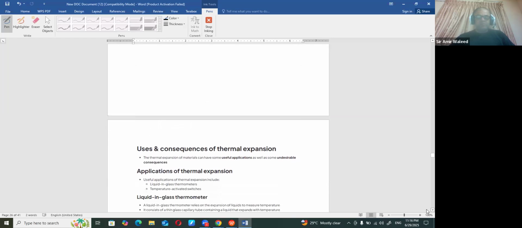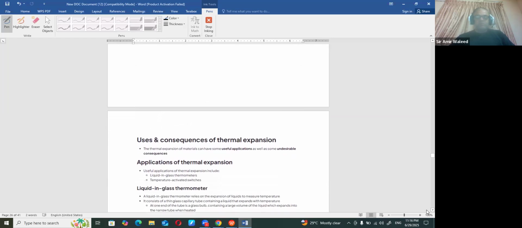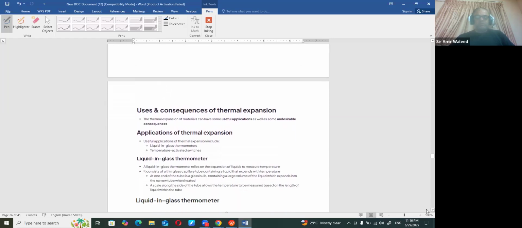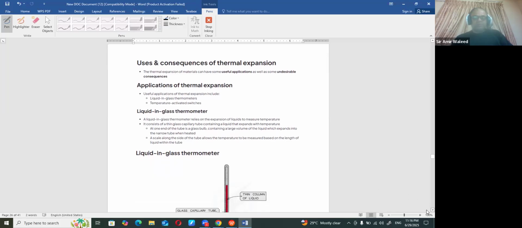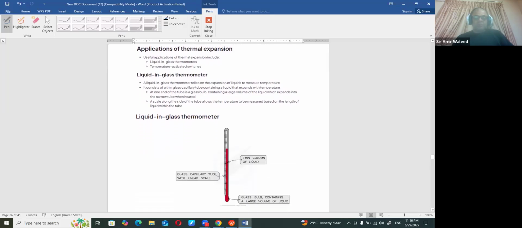Now, uses or consequences of thermal expansion. Application. The best application is in the thermometer, especially liquid in a thermometer. I already gave you an example: there is mercury placed there.